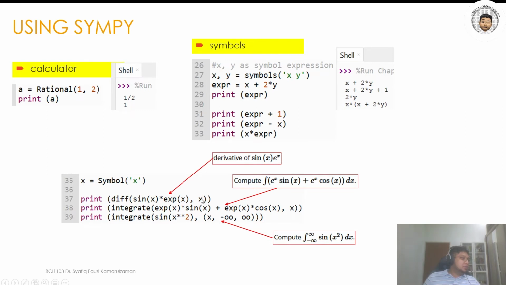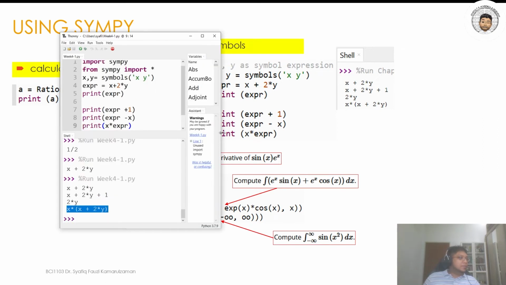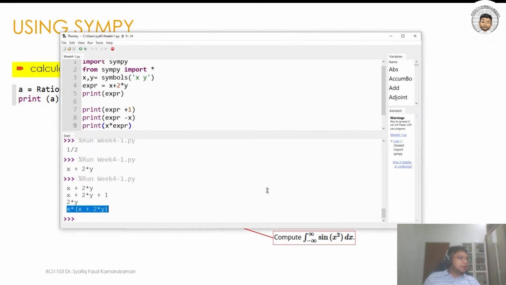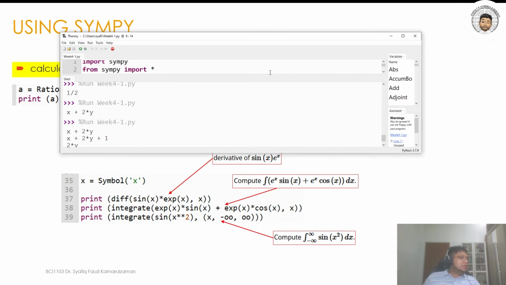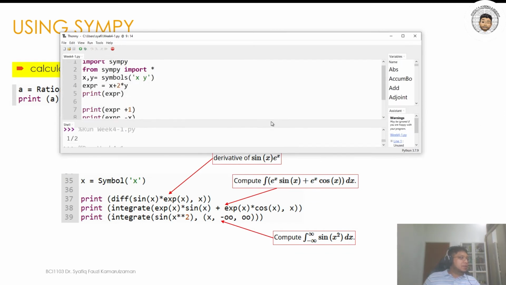You want to differentiate this, and then you have here integrate exponential this. This is the equation. You can try this in your Tony right now. What is the result for that? You can try it first. We can try it together.